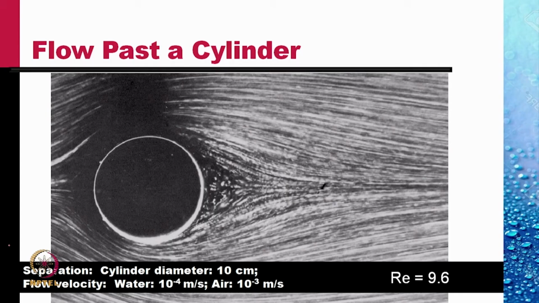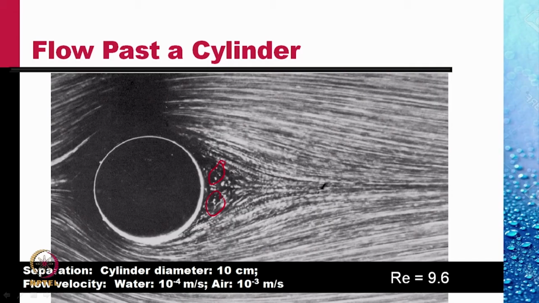Not only asymmetry, we see the beginning of vortices behind the cylinder. Two vortices, one on the top around here and one there, in which the fluid seems to be swirling around. In fact, a dead water region develops.